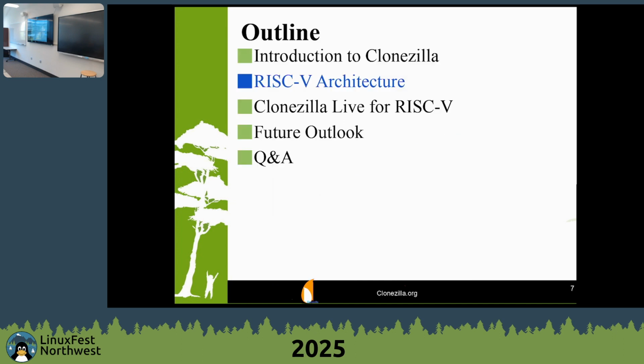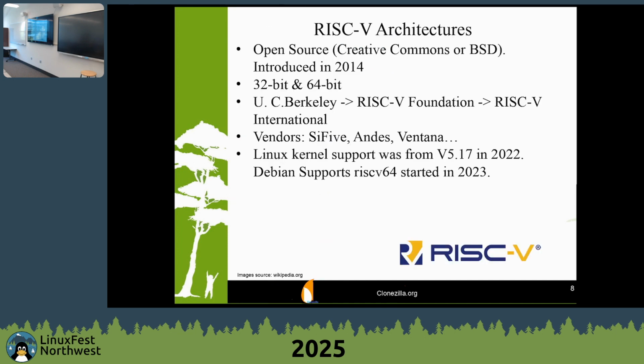All right, so let's come to the open hardware RISC-V architecture. This will be a very short one. It's open source. Basically, the license can be Creative Commons or BSD. It was introduced about 10 or 11 years ago, in 2014. Nowadays some small boards and even laptops have a RISC-V architecture.